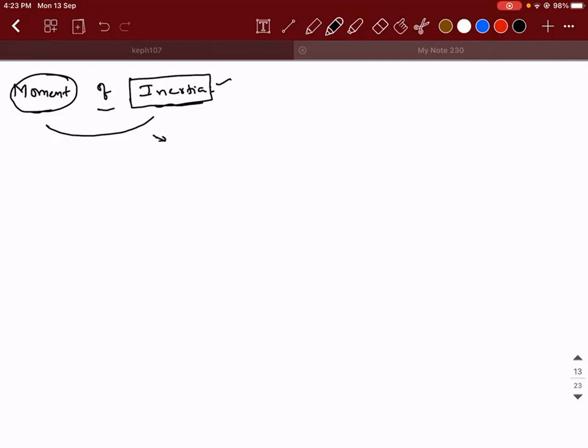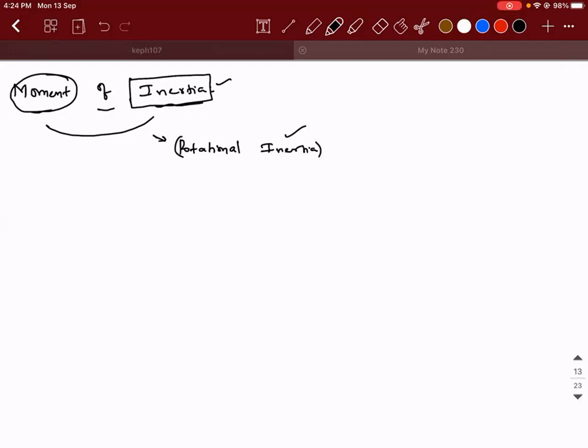You should at least try. So I already gave you the hint. Moment of force means torque, that is rotational force. Then what is moment of inertia? Rotational inertia. That's it. So you already know the definition of rotational inertia.